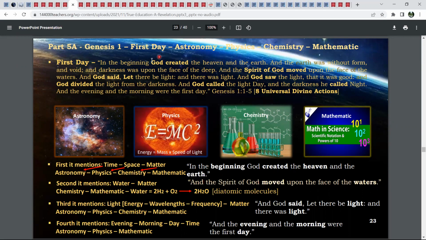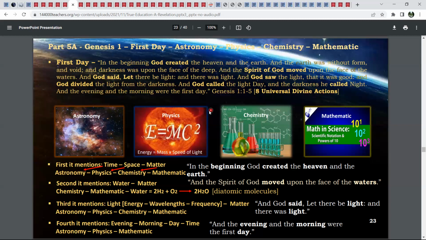This is a divine action. God created. The Spirit of God moved. God said, let there be light. God saw the light. God divided the light from the darkness. God called the light day, and the darkness he called night. These are universal divine actions.